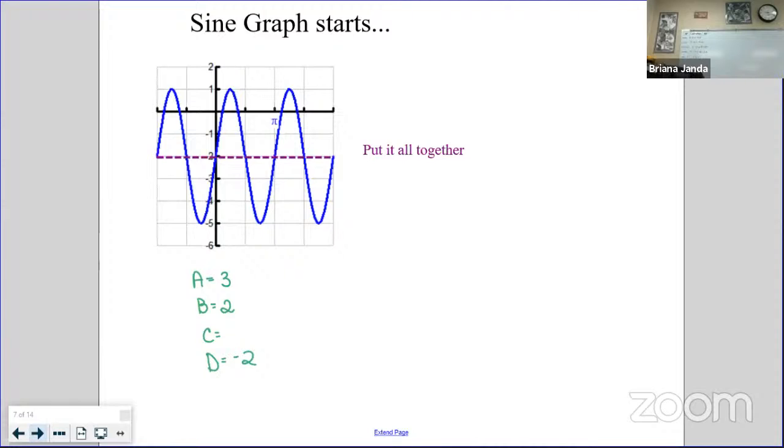C is specific to our graph, and that is where my starting dot is. If I force you to write this as a sine curve, I would need to find a dot on my midline. Starts at the midline. Right?